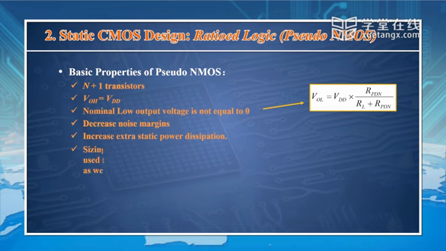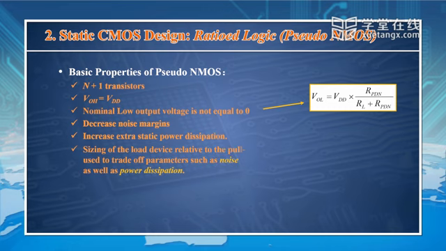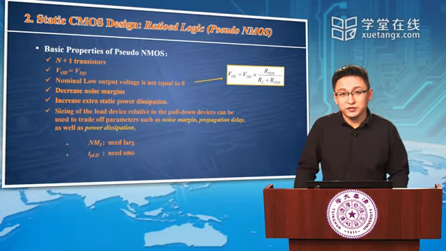Sizing of the load device relative to the pull-down devices can be used to trade off between parameters such as noise margin, power delay and power dissipation. I can give you an example. In this case, for noise margin low, it needs a large resistance RL, right? Because if RL is large, then VOL goes to 0, right? VOL is low.